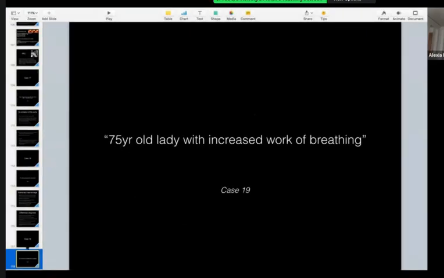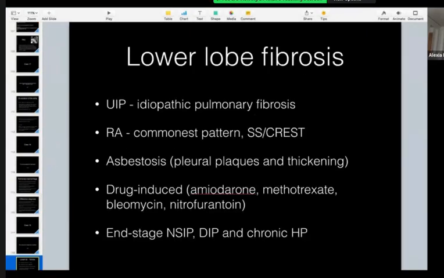Idiopathic pulmonary fibrosis is a diagnosis of exclusion. You can see a UIP pattern in several other conditions, such as rheumatoid arthritis, which is the commonest, and systemic sclerosis or CREST syndrome, as you rightly said. Look for evidence of asbestosis, pleural plaques, pleural thickening.